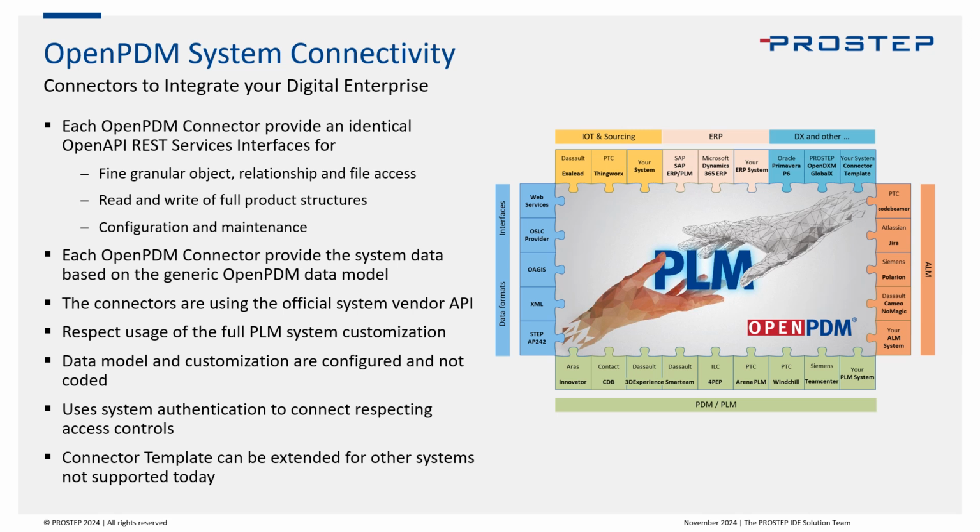So let's say you have a PLM that's going through an upgrade process. OpenPDM can give you a new connector for the new PLM, plug it in, run the regression testing, and get you on your way. The connectors always use the official system vendor API.